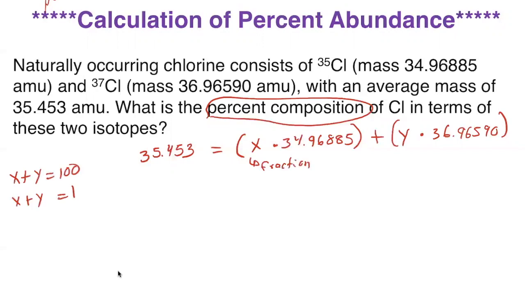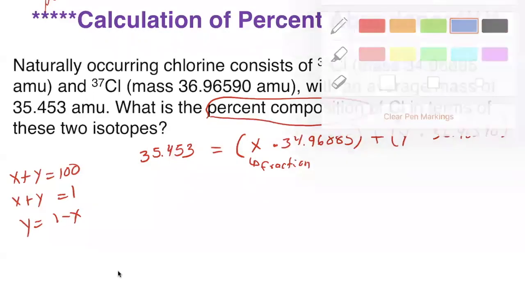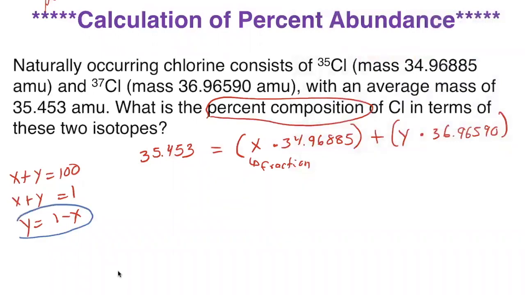Now let's substitute the Y. So Y equals 1 minus X. That means wherever you see Y, you're going to substitute it.